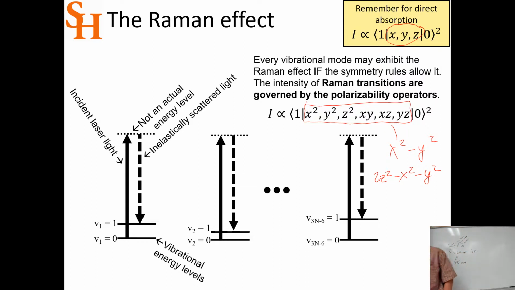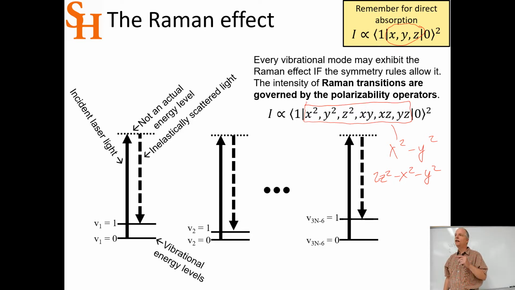Yes, so on the right of the character table, you have all of those things with Rx, Ry, Rz, those are the rotations. Straight X, Y, and Z, those are the polarized light that we would use. And these are the polarizability functions, the combinations of X's and Y's. So whenever we're coming up with Raman selection rules, these are the things that we would use.